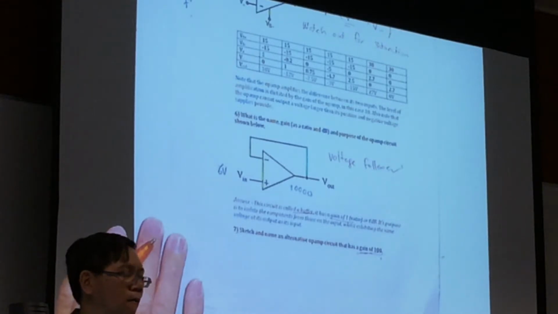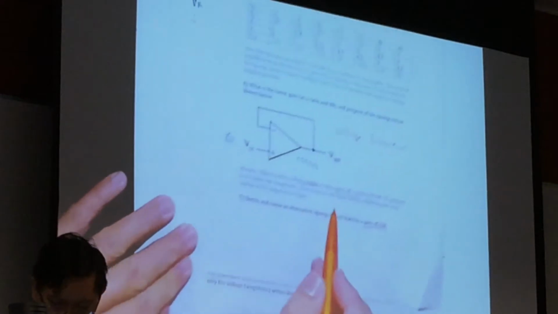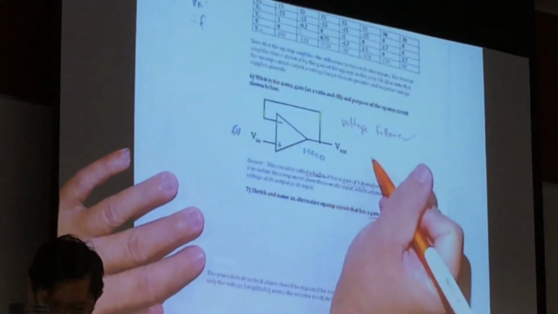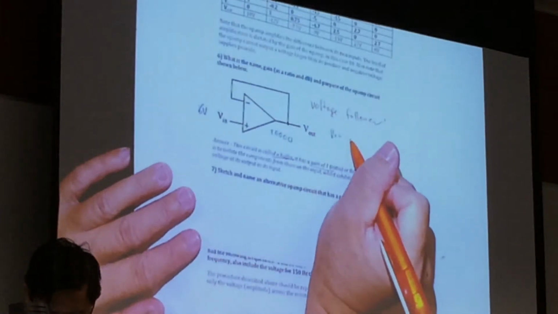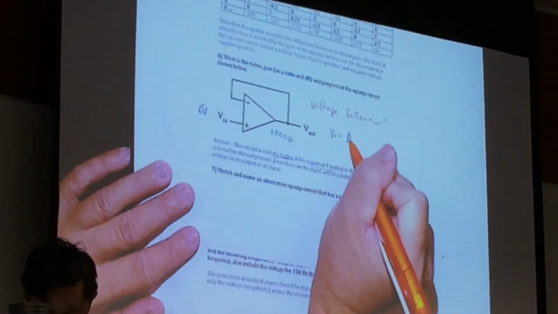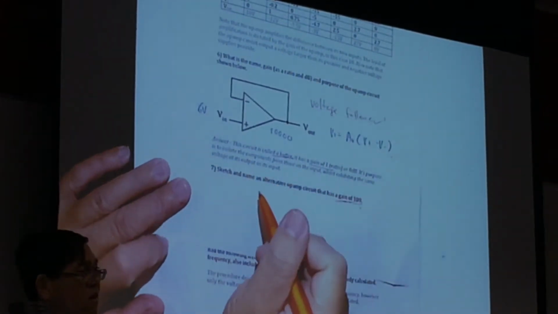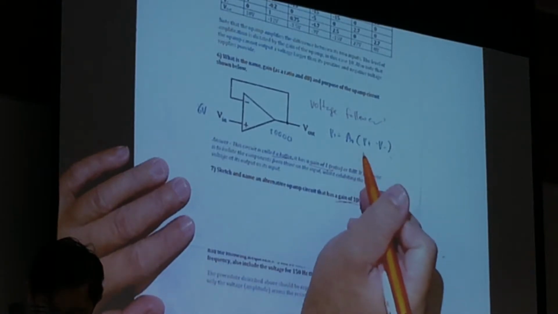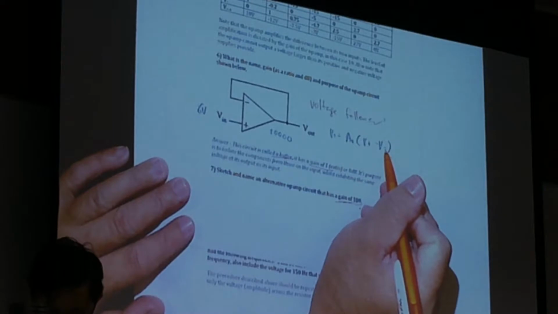How to get that? It's essentially something like this. You have V out is equal to A times (V plus minus V minus). Your V plus is 6 volts, and V minus is actually V out.